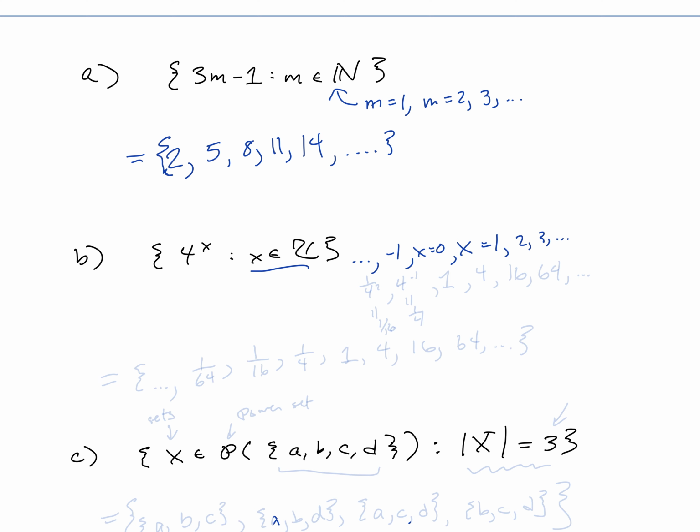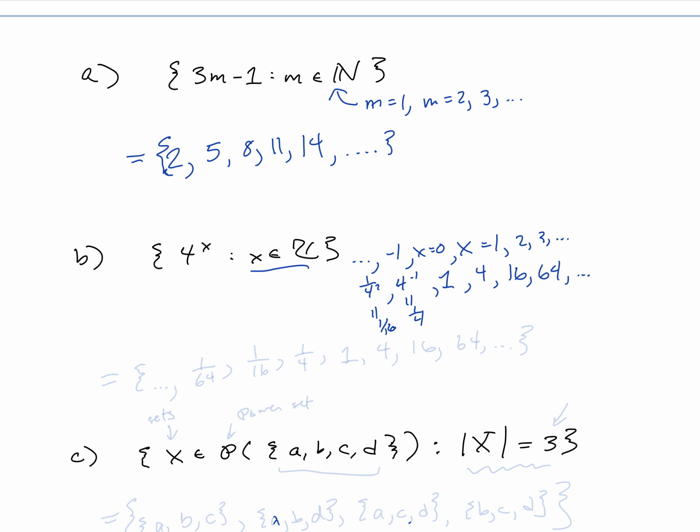So 4 to the 1 is 4, 4 to the 2, 4 squared is 16, 4 cubed is 64, and so on. 4 to the 0, anything to the 0th power we know is 1. 4 to the -1, remember that a negative exponent flips the fraction down, so this is 1/4. 4 to the -2 would be 1 over 4 squared, so that's 1/16, and so on.